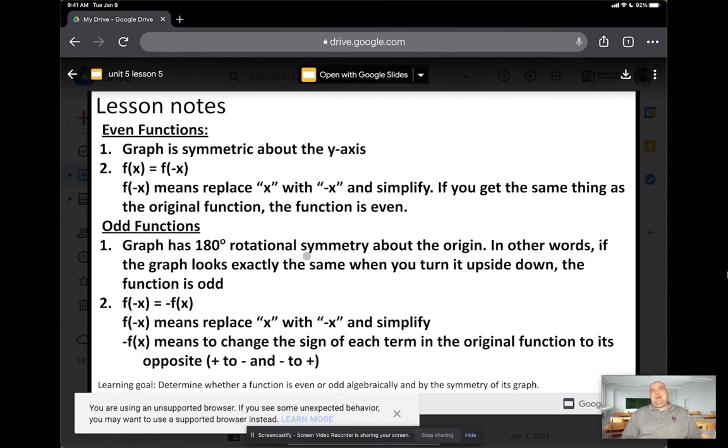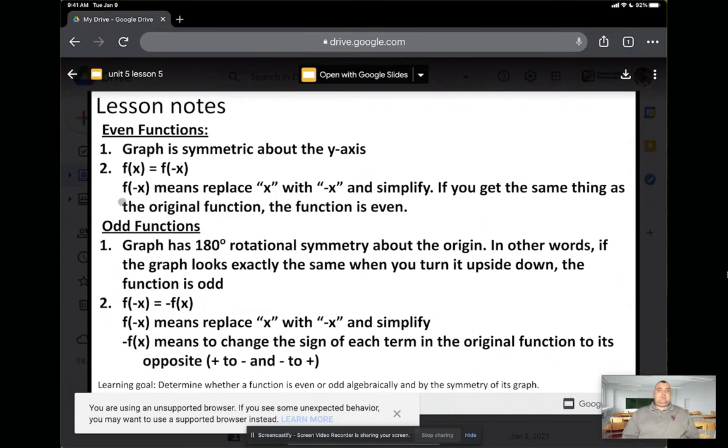So an easy way to tell if a graph has 180-degree rotational symmetry or not is to literally take your graph and turn it upside down. Okay? If you can turn the graph upside down and it looks literally exactly the same, then that means it has 180-degree rotational symmetry about the origin. So if the graph looks exactly the same when you turn it upside down, the function is odd.